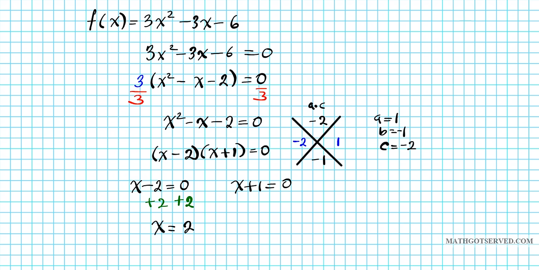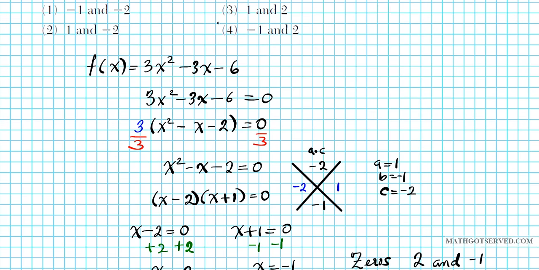That's the first 0, and then you subtract 1 from both sides, and you get x equals -1. That's the second 0. Okay, so your zeros are 2 and -1. All right, so the correct answer is option number 4.